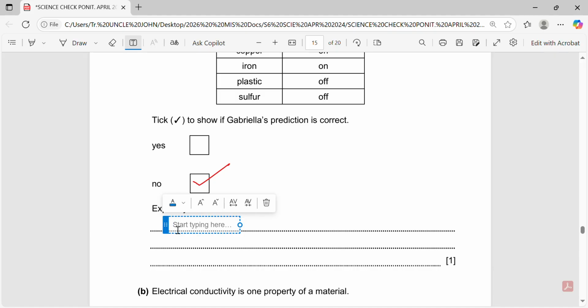You can say the reason as this: if all conduct, then the lamp will be on every time.